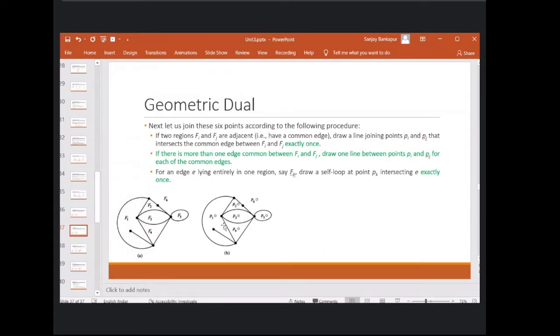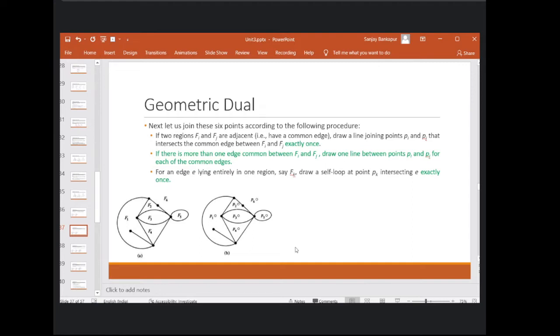Ultimately, vice versa is also true: if any self loop is there, it becomes an individual edge. For example, P5 and P6. It will just connect from P6 to P5. It becomes only a single edge.